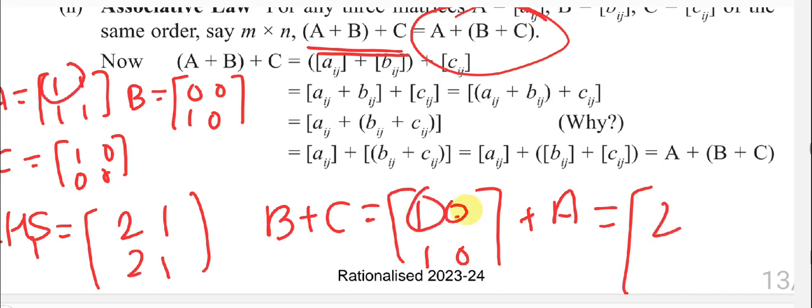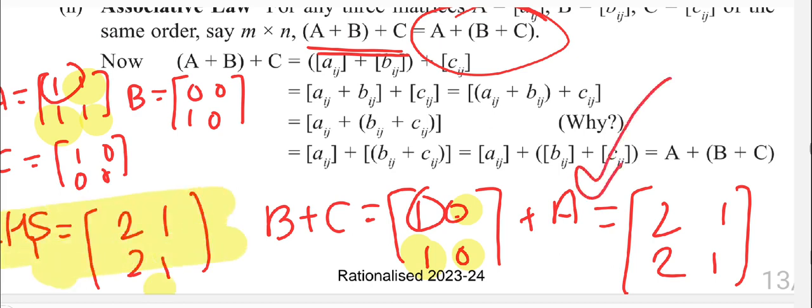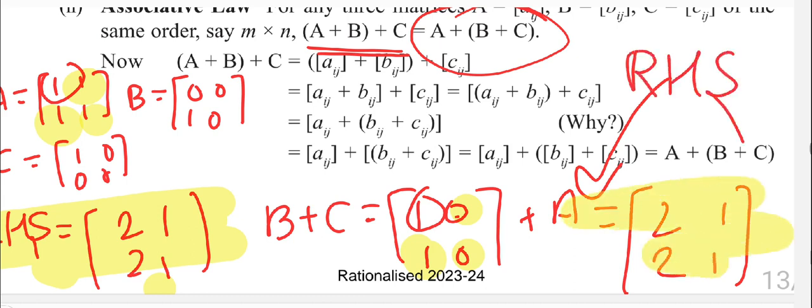This 0 element is added with this one, so I get 1. This one is added with this one, so I get 2. This 0 is added with this one, so I get 1. So as you can see here, my LHS is this one and this is my RHS. Here also I am getting the same matrix, 2 1 2 1.